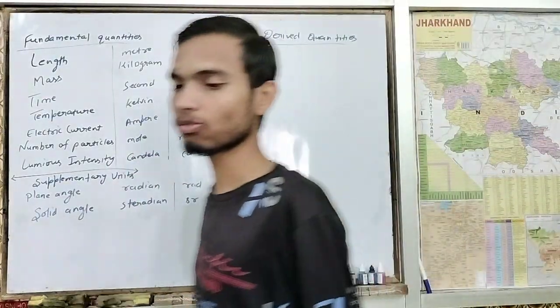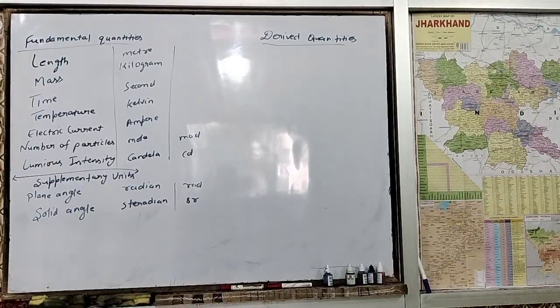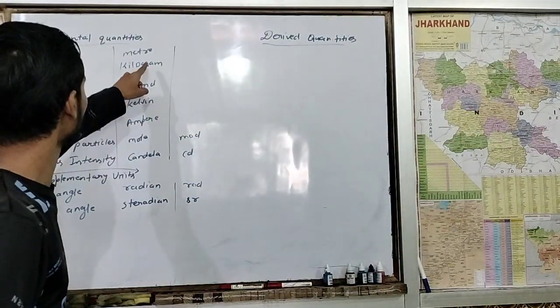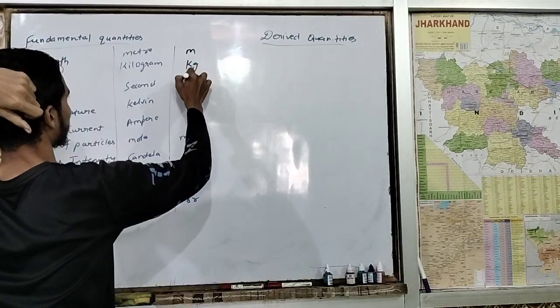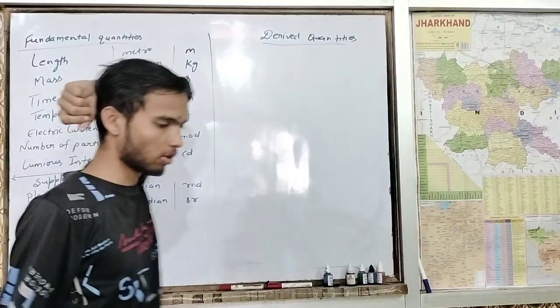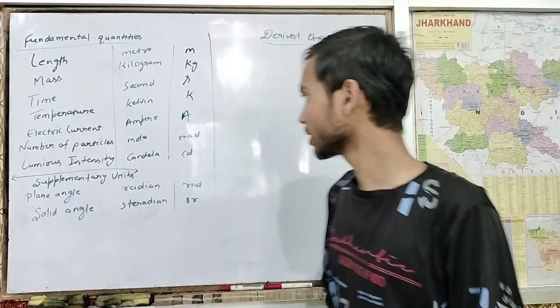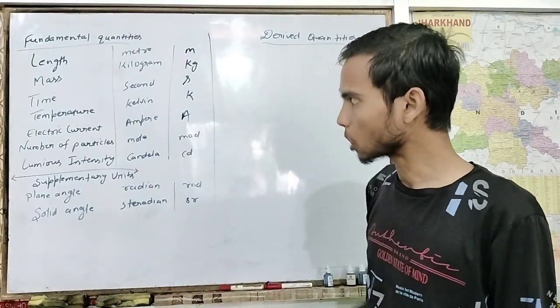Here I wrote some fundamental quantities, as well as the units. These are units. Now the symbol of meter is m, kilogram is kg, and second is s. All these are symbols of units, and all these are units. All these are quantities, fundamental quantities. I told you that all this will be fixed.